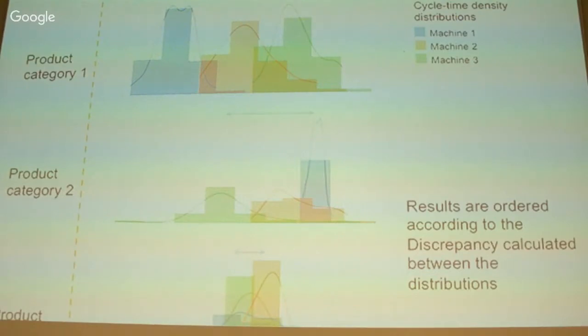The results are ordered according to the discrepancy calculated between the distributions. This application has been deployed on Domino. We created a custom launcher, and so it goes off every time. At each time of day, the workers in the factories are warned about an eventual anomaly.